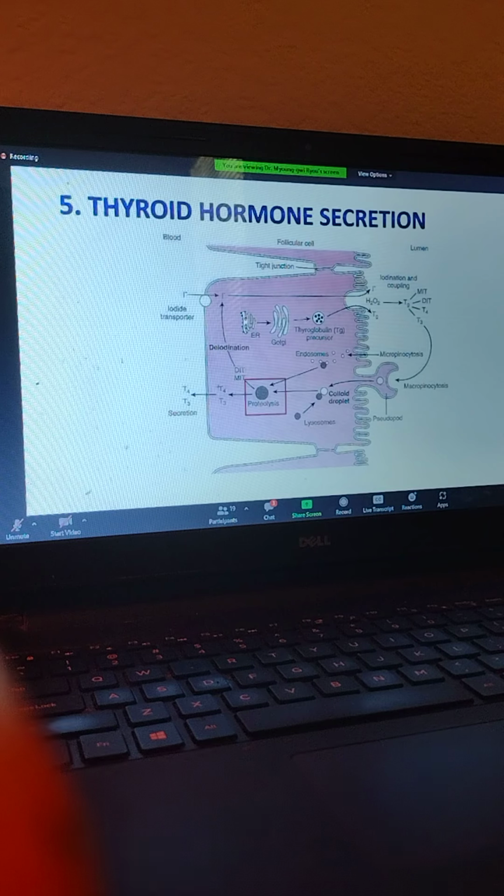So the thyroglobulin carrying T3, T4, these will be detached from the thyroglobulin because of the lysosome enzymes. Okay. And then these T3, T4 can get out from the cells, and then go to circulation. And then this iodine can be deiodinated, and it can be recycled. And then the amino acids in here can go to the endoplasmic reticulum and can be used to make thyroglobulin.